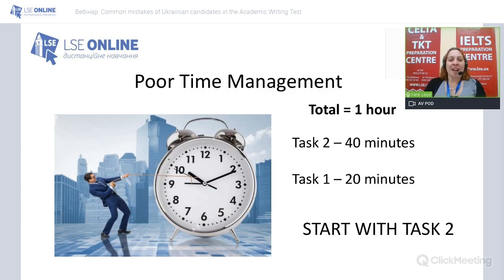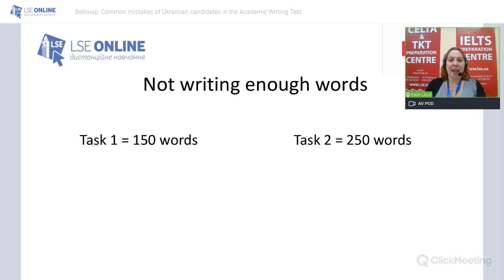Now, this idea of time and words is also relevant to the next problem that students have. And this is that they don't write enough words. As I said, task 1 is 150 words, and task 2 is 250 words. This is the minimum.